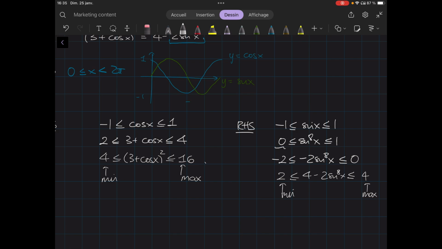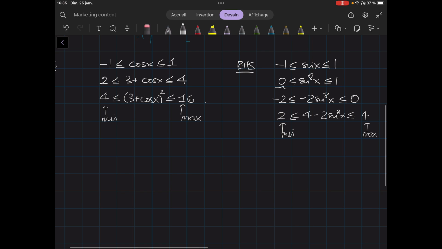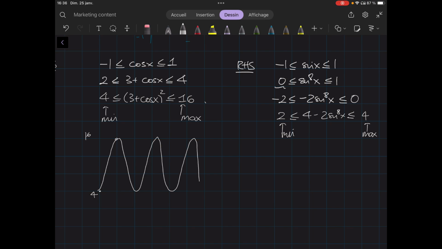So, I'm not drawing this to scale, but essentially, for the left-hand side, we have a function that has a min at 4 and a max at 16. So let's say it looks something like this. Up, down, up, down, up, down, up, and so on. At the bottom, we have a function that has the minimum at 2 and the maximum at 4.